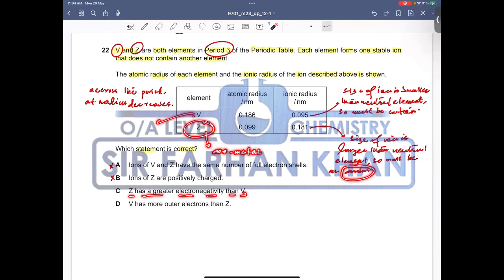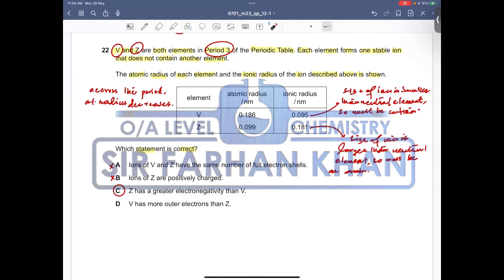If it is a cation, then it means it is a metal. And you guys know that across the period, electronegativity value increases, which means metals have lower values of electronegativity and non-metals have higher values of electronegativity. That means Z has a higher electronegativity value than V. So this might be the right answer. Okay.